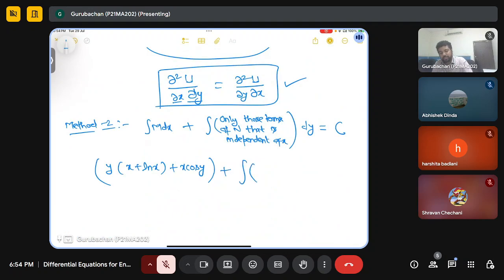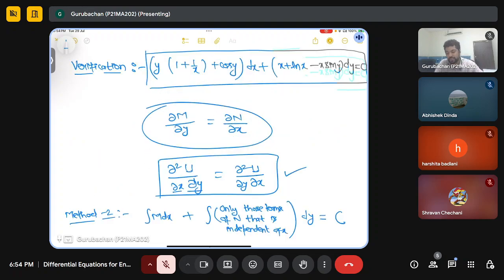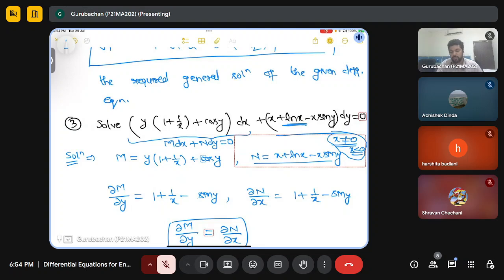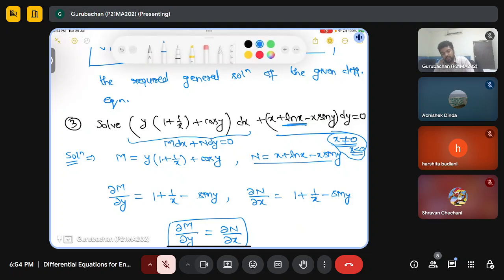Now observe from the second part. Is there any term that is independent of x? Observe. What is your N? This is your N. Observe from here. Is there any term independent of x, that is only in y, I mean? Is there any term? See, first term is itself x, so you cannot say it is independent of x.